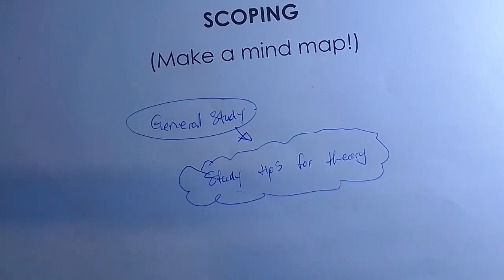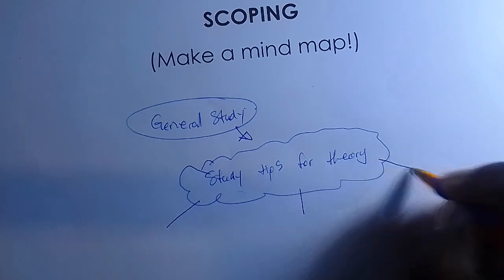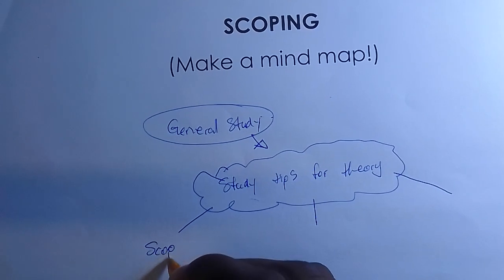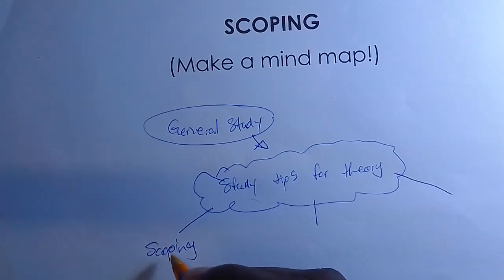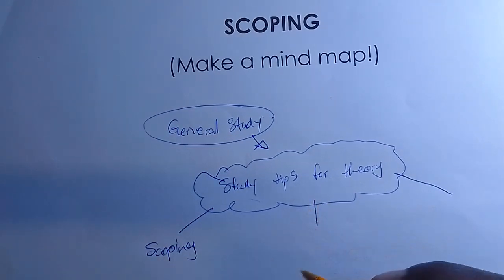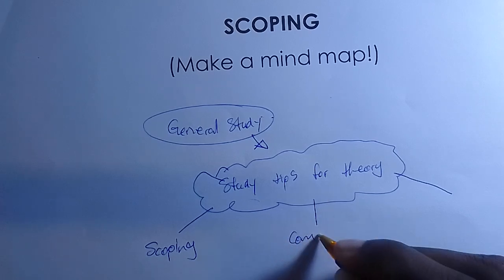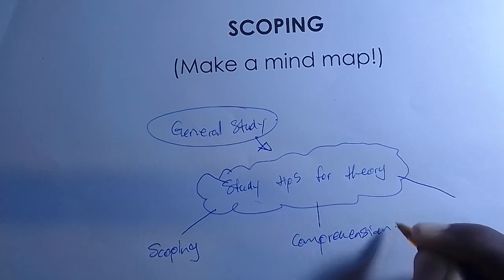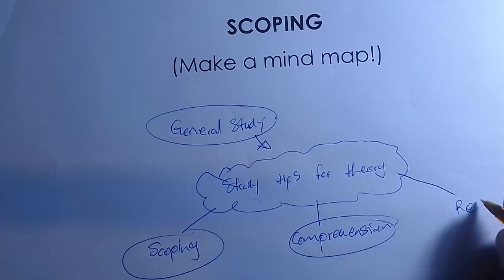So what were the study tips for theory? The study tips for theory were broken down into 3. First, there was scoping, which I'm doing right now. And then there was comprehension. And then there was retention.